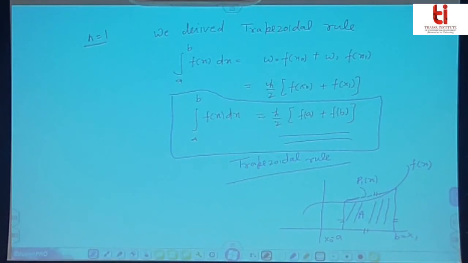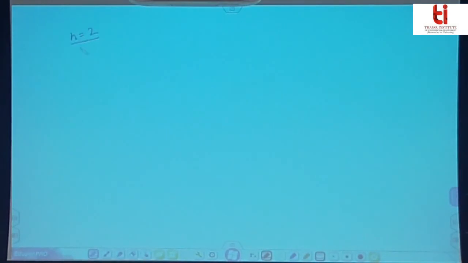So this is approximated by the area of the trapezium. Okay, when we take n equal to 2, suppose the function is y equal to f(x), and we approximate it by a parabola, y equal to p2(x), that is, a second degree polynomial.